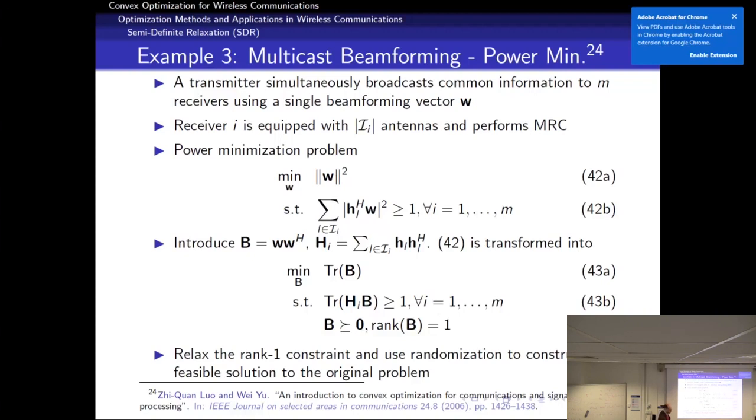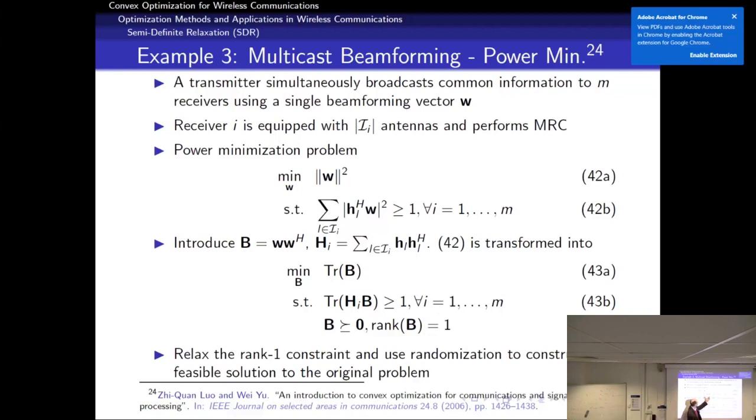What that means is that this is the SNR typically at each of the users. I transmit one message, each of the users can compute an SNR, and you want this SNR to be larger than a certain threshold. This is what we have here.